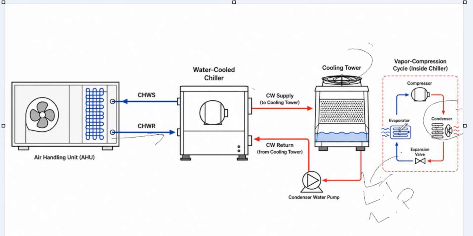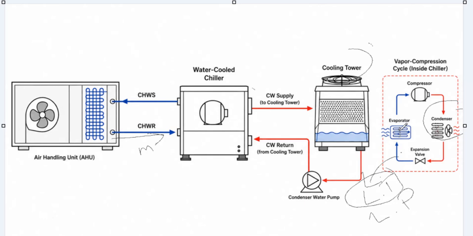This is medium temperature and medium pressure refrigerant, and this is chilled water. When this passes through the evaporator, the low temperature refrigerant absorbs heat from the water, and then we get chilled water, and we supply this chilled water to the air handling unit.